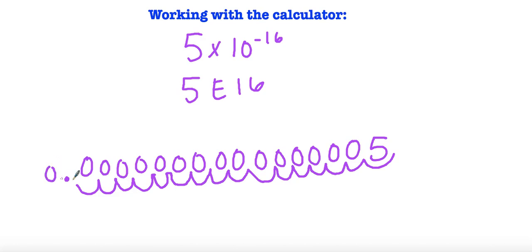Add my decimal and add a 0. And as you could see, we write that in scientific notation because this is very difficult to write out and very difficult to work with.